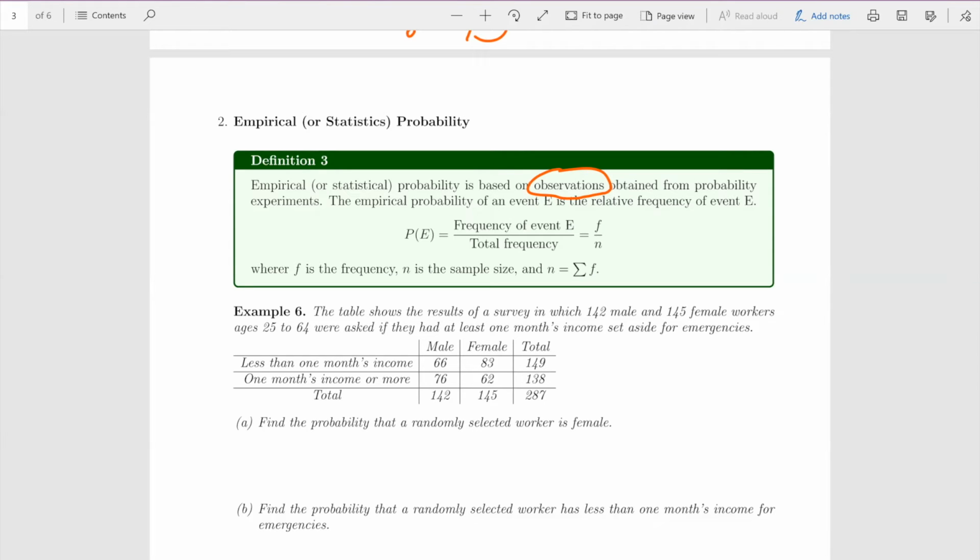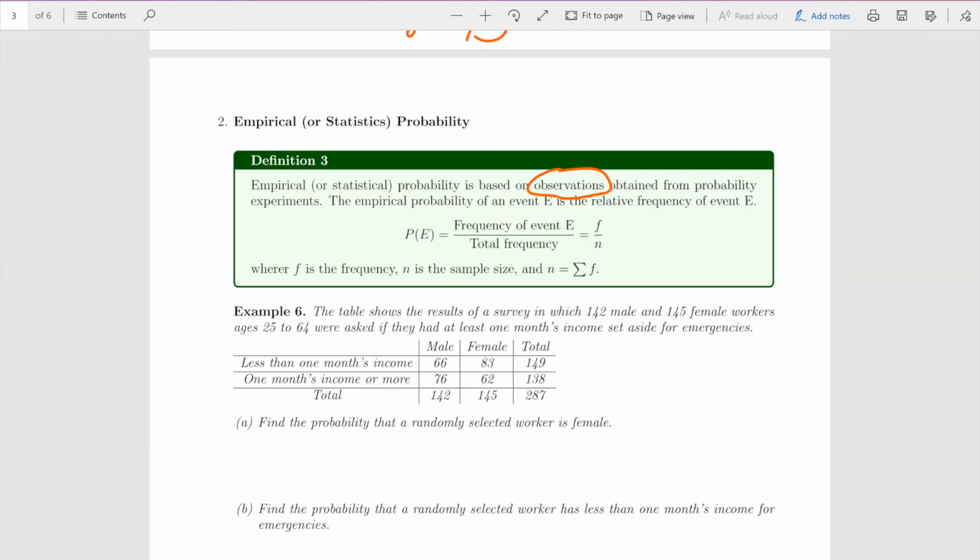For example, if you do a survey and collect responses from your sample, you will get some numerical responses according to each class or each category that you are surveying. Then you can use those numbers, the results from the survey, to compute the probability.